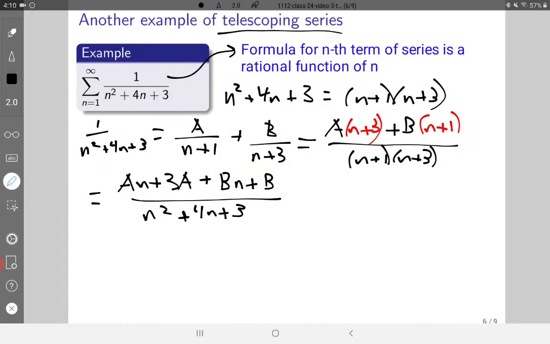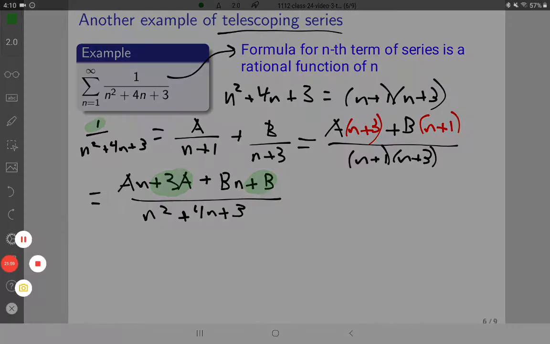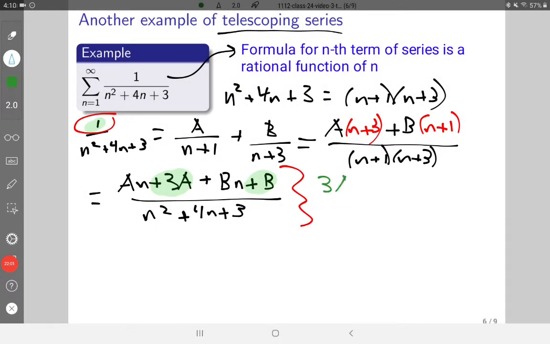So here were the constants. I have a plus 3a and a plus b. Those have to add up to 1 because those are the only number terms that don't have the variable n in them. So from this, and comparing it to the original expression, I'm seeing that 3a plus b has to add up to 1.